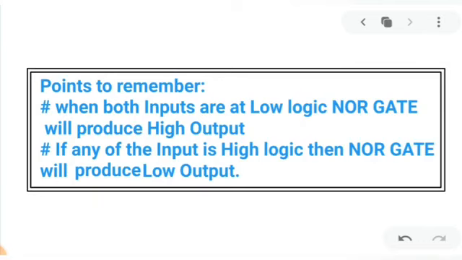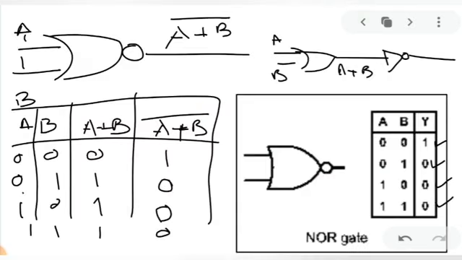Now next, if any of the inputs is high logic, then the NOR gate will produce a low output. Here, if any of the inputs is high, the output is produced as a low logic. Is it clear to you?